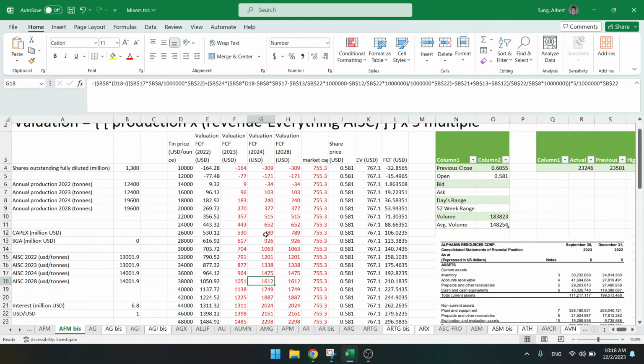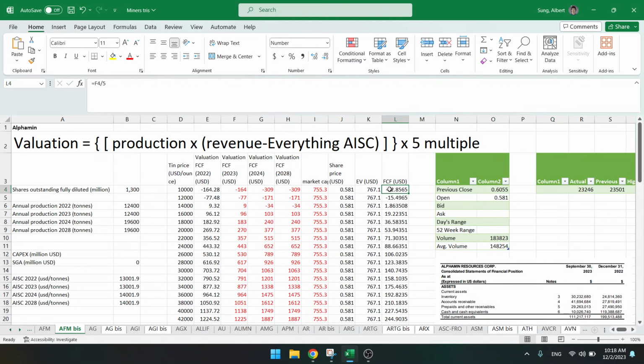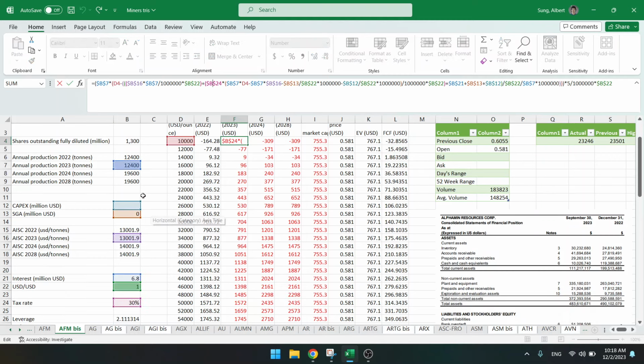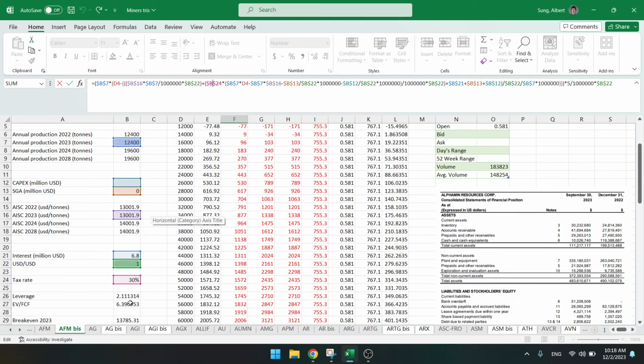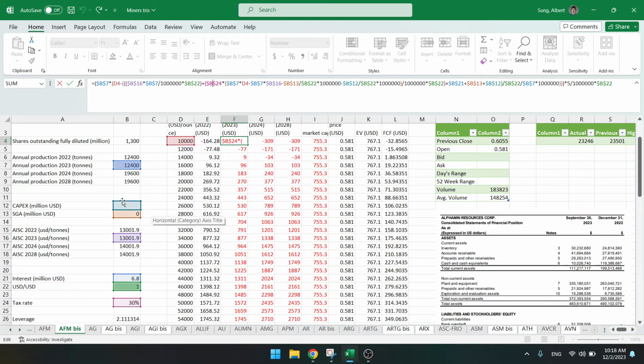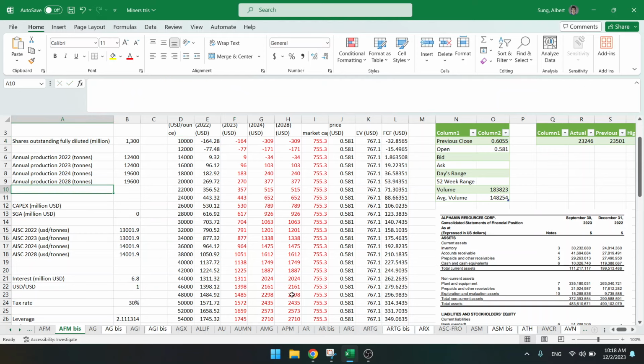Okay, now EV to free cash flow. What's the free cash flow? Free cash flow is using this production, all-in sustaining cost, etc. We need the capex. How much is the capex?